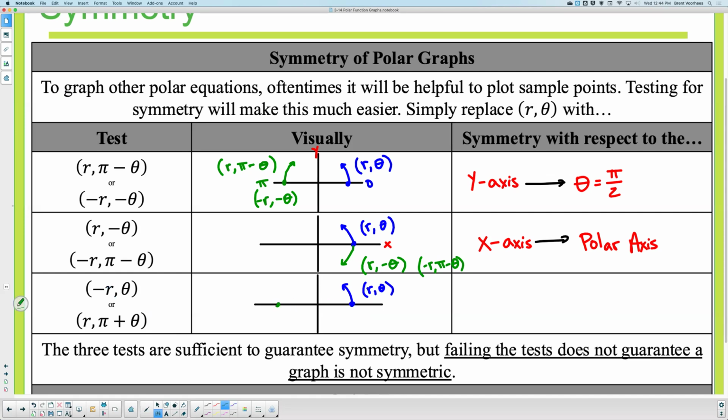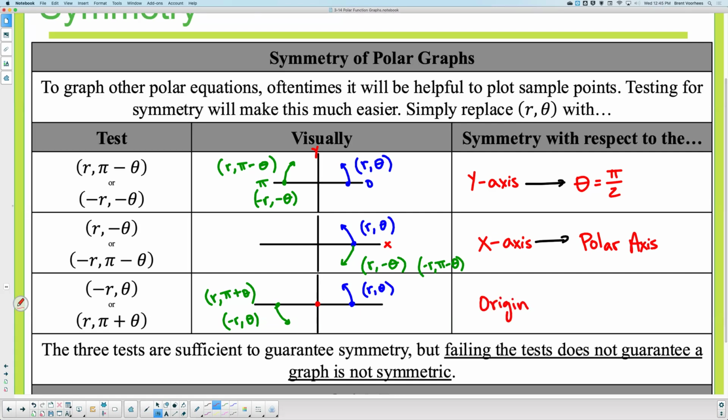So if your symmetry is going like that, that means you are symmetric with the origin. The other way of writing this is starting at pi, but continuing to move against the clock. Both of those would give you that.